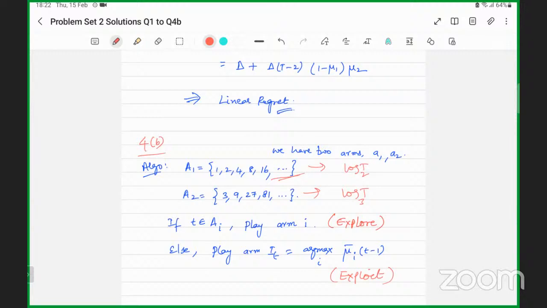On the other slots, we'll play whichever arm has the highest sample average among those two. Whether this algorithm will give you a sublinear regret or not is the question that is being discussed.